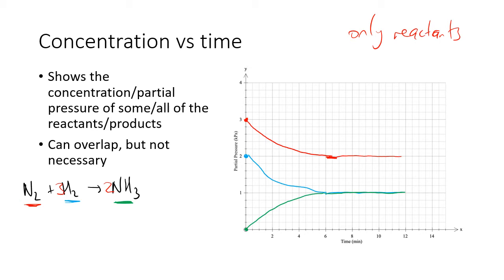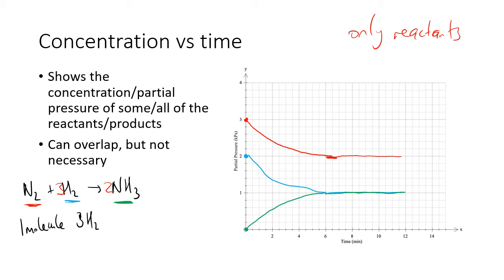But let's have a think about this, because this isn't actually right. So the N2, one molecule of N2 is going to react with 3 molecules of H2. All right. So if I started off with 100 N2 molecules and I reacted them all, how many H2 molecules would I need?